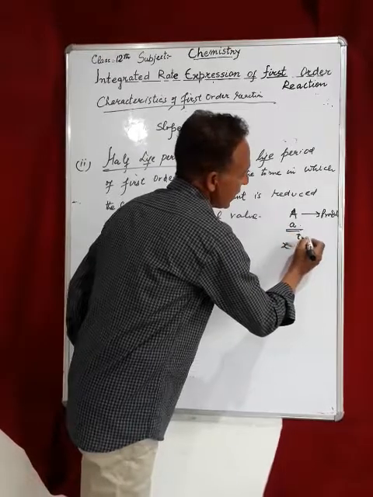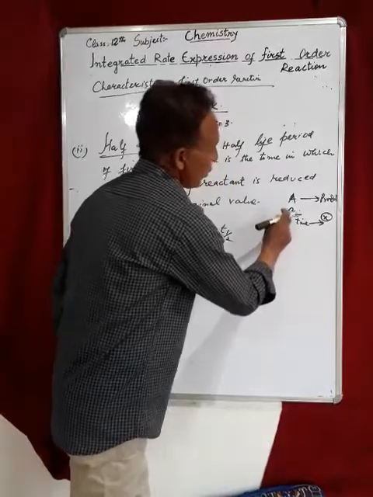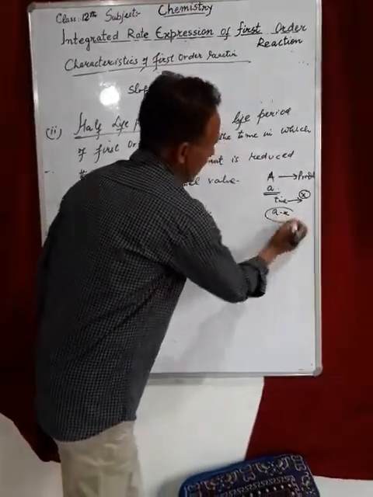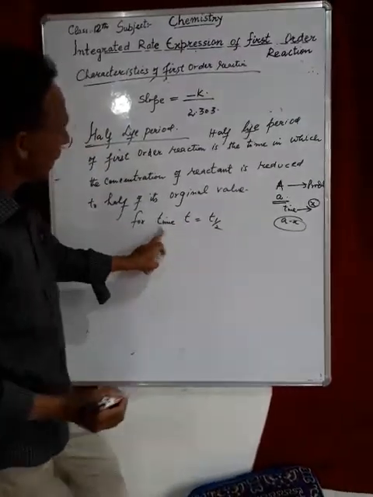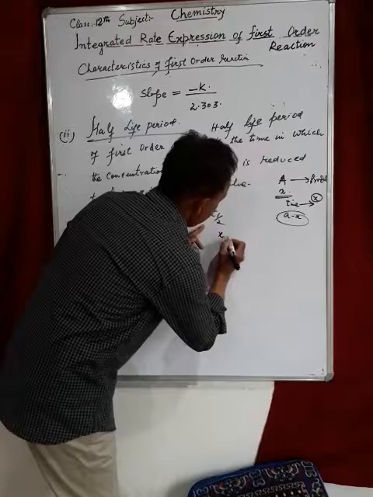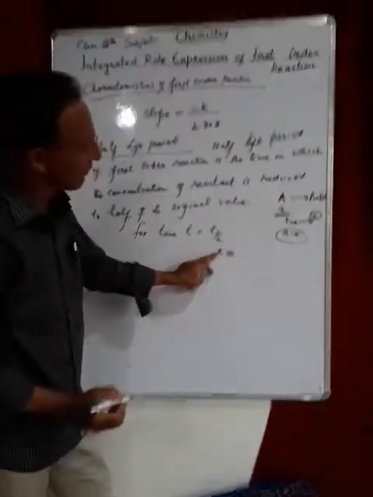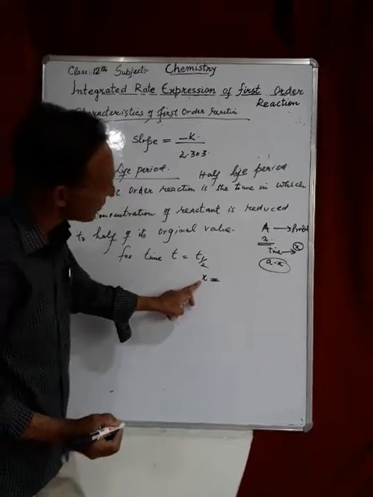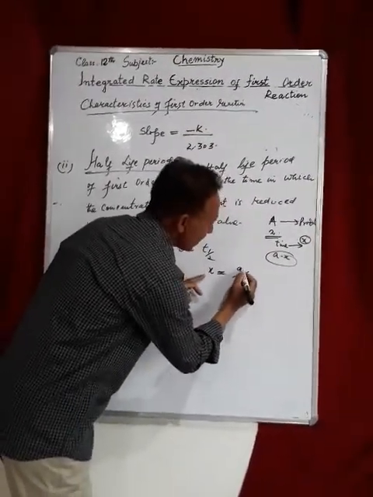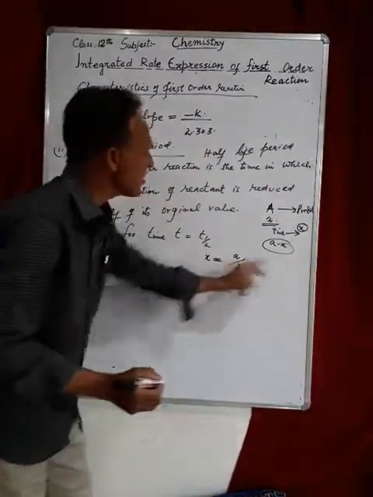After time t, x moles have decomposed, so A left is a minus x. At t half, the x which gets decomposed will be equal to a divided by 2, that is, half of the reactant has decomposed.